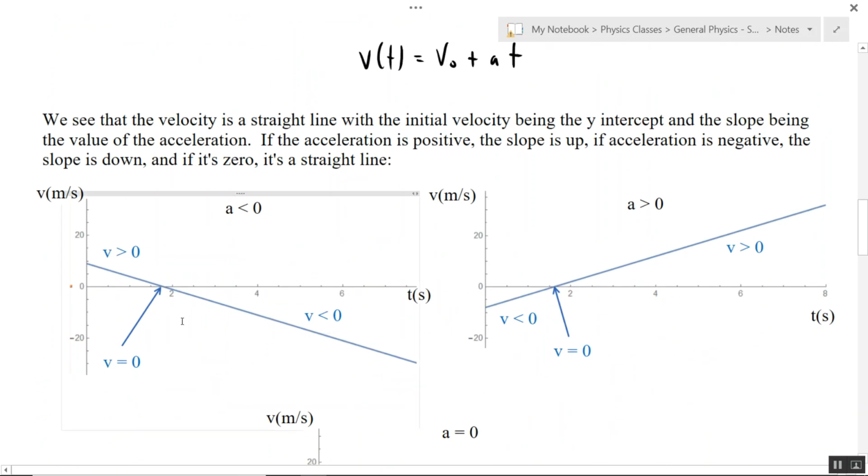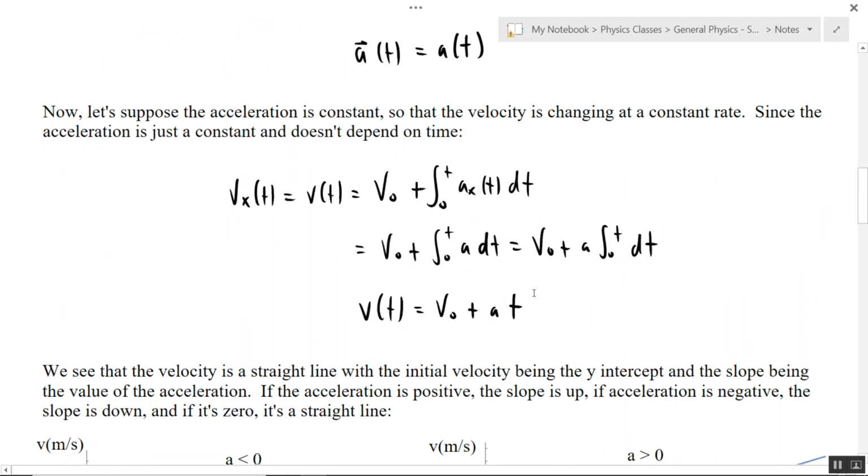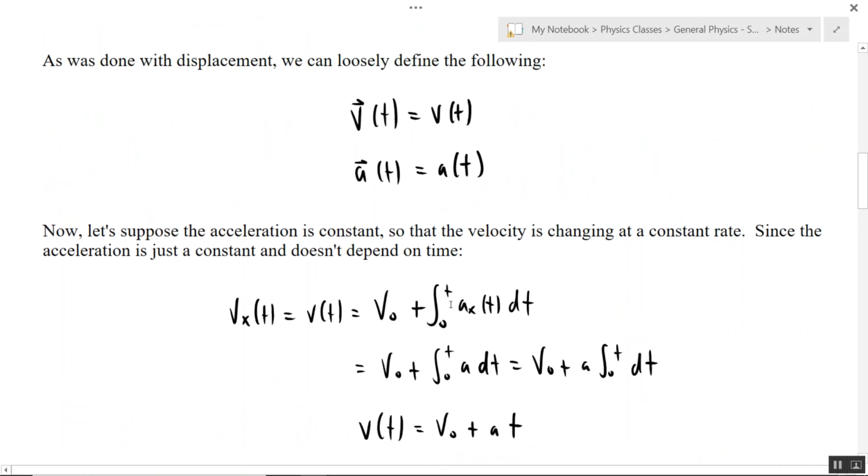If you graph it, what does this look like? If I graph velocity versus time, what does this equation look like? You have something plus something times t, right? And if you're graphing it versus time, what is the a?